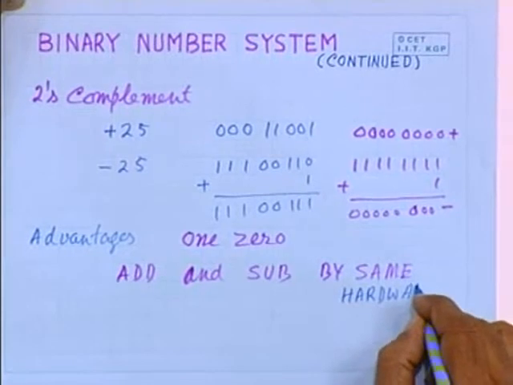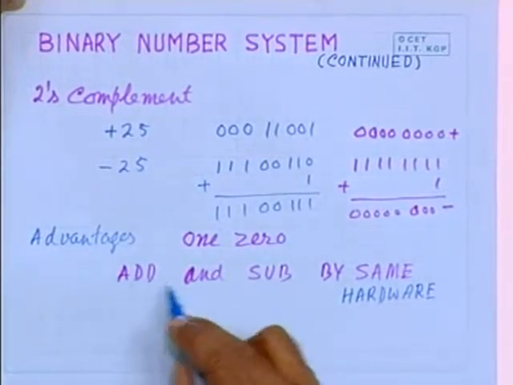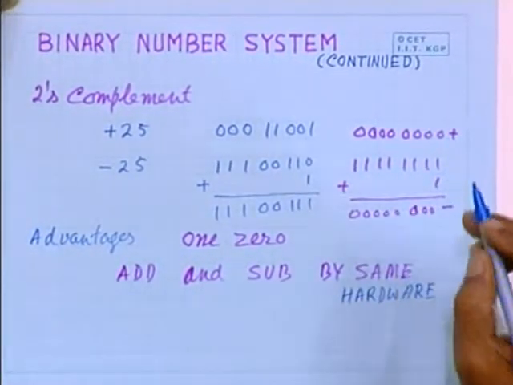And primarily because of this reason, that addition and subtraction can be realized by using the same hardware, 2's complement system is widely used in almost all microprocessors, and it is the de facto standard for representing numbers inside the microprocessors and computers.